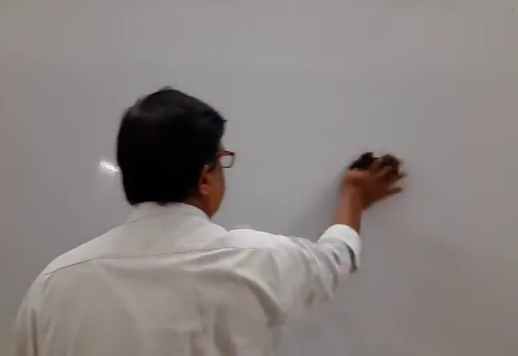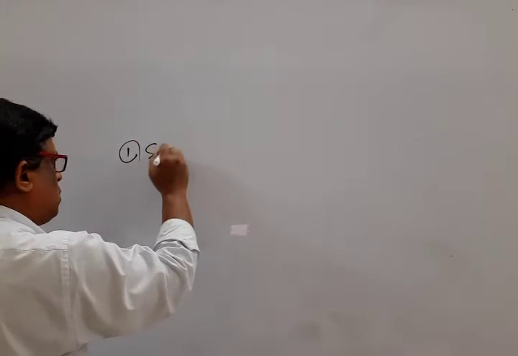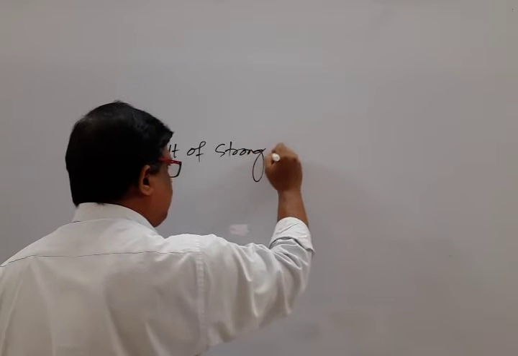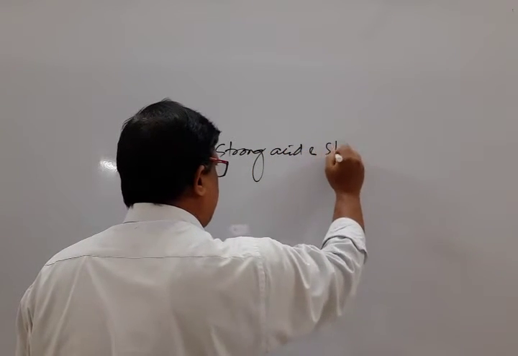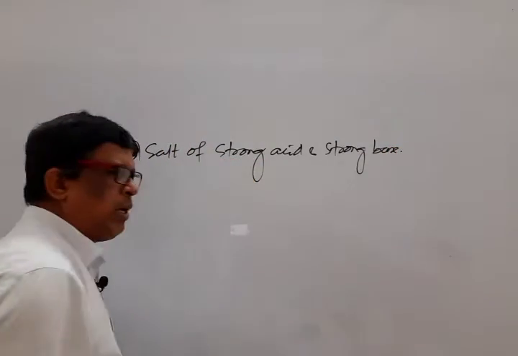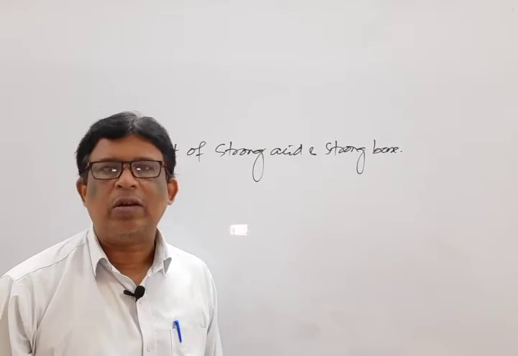Mark that, point 1, salt of strong acid and strong base. There are 4 types of salt, so depending upon that, hydrolysis of salt is also 4 types.